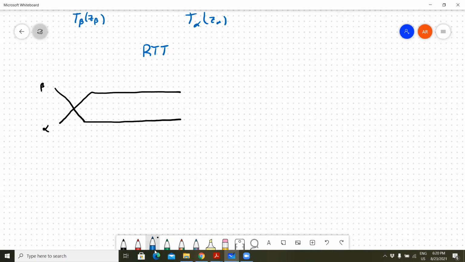It's just a way to write the left-hand side of RTT, and then you have until 1. In each of these, this is L alpha n, and this is L beta n.